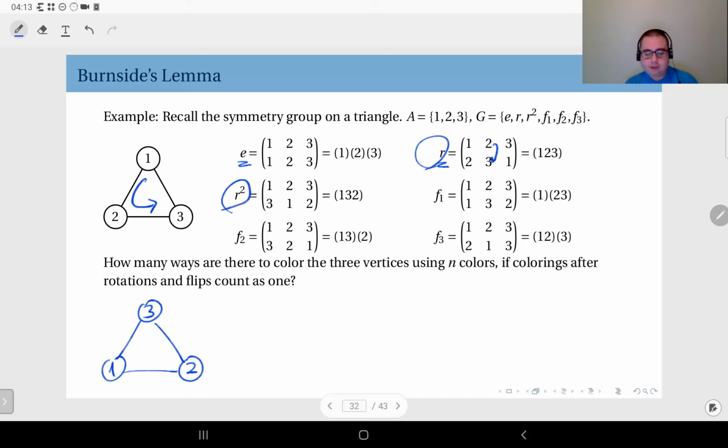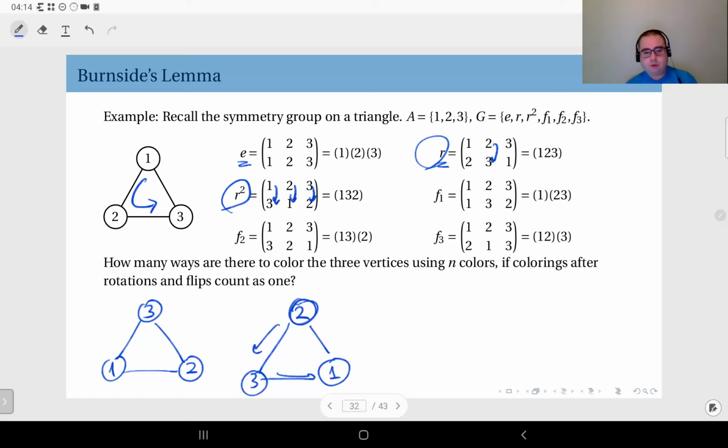And we have the double rotation where you rotate this triangle twice, again in this direction. So 1 was here, but then goes here and then comes here. So 1 ends up here, and 2 goes here, and 3 goes here. Okay, so as you see, 1 goes to 3, 2 goes to 1, and 3 goes to 2.